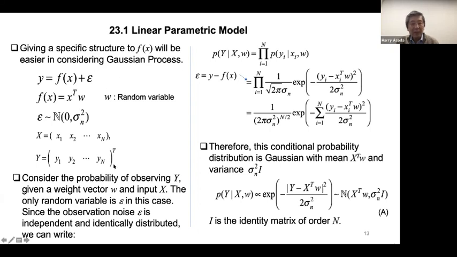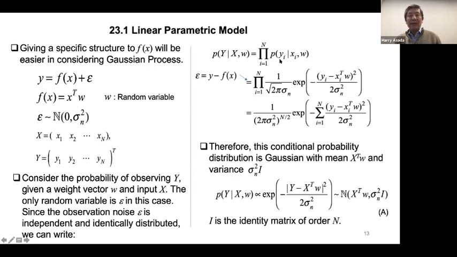Epsilon is assumed to be independent and identically distributed, IID. Therefore, this conditional probability can be represented by a product of probabilities: the probability of y1 observed in response to x1 and the given w, times the probability of y2 given x2 when the parameter is w, and so on.